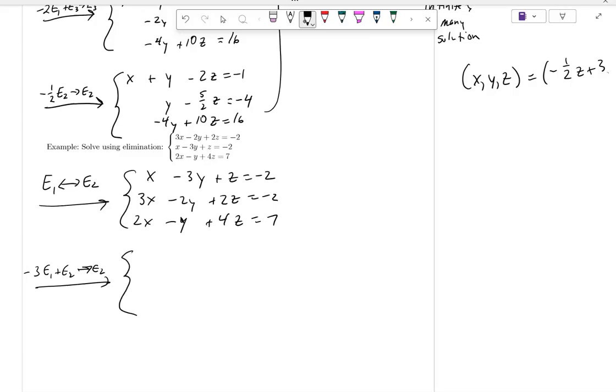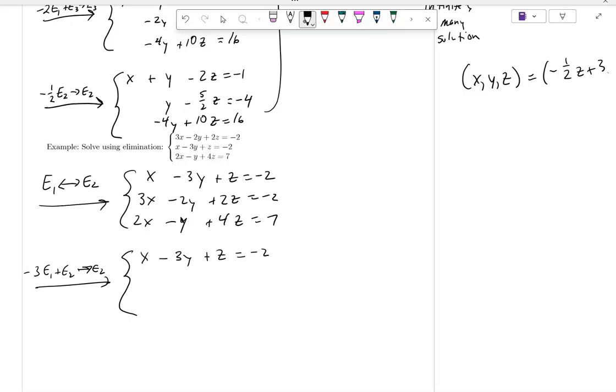Does that change the first equation at all? No. Remember, we're just doing that multiplication as an intermediate step. It's the second equation that we're replacing, right? So our first equation stays the same. Let's work on the second equation. Negative 3 times x is negative 3x. Plus 3x gives us 0. It's what we want.